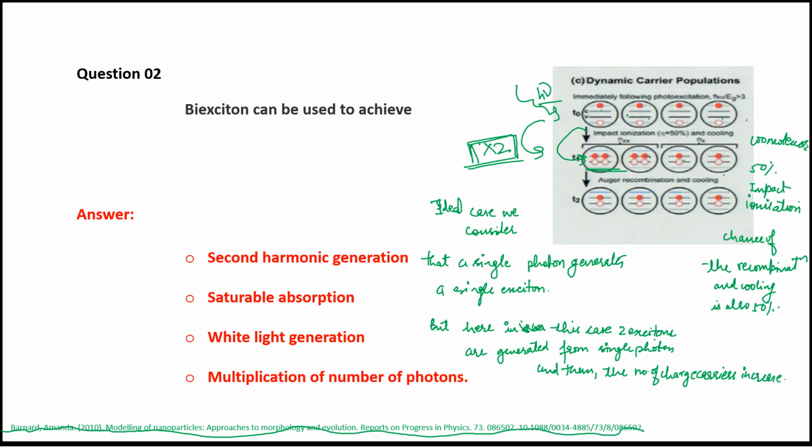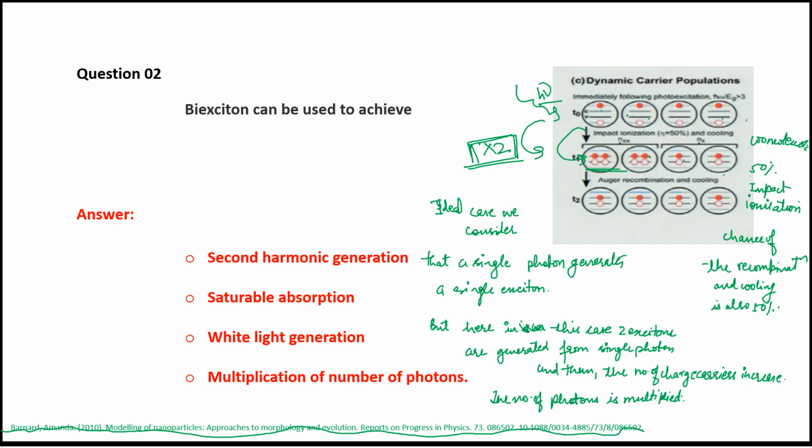And what if these recombine and on cooling they emit fluorescence? Then in that case, the number of photons is multiplied.